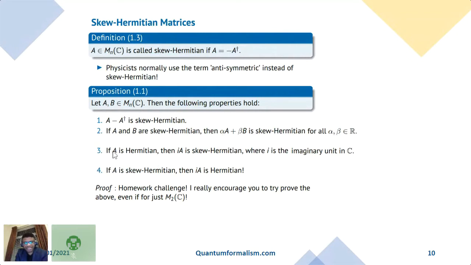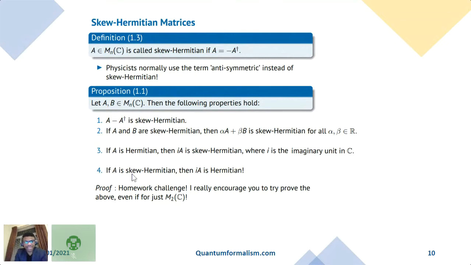If you multiply a skew Hermitian matrix by i, where i is the imaginary unit, sorry, I'm getting ahead of myself. If A is Hermitian and you multiply it by i, you get a skew Hermitian matrix.